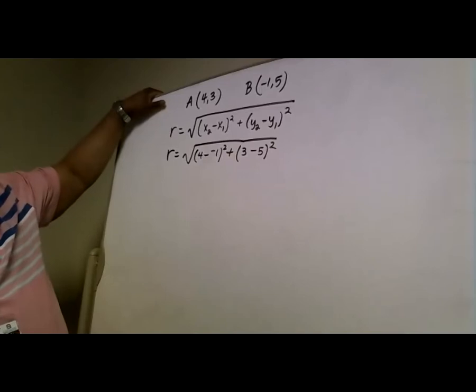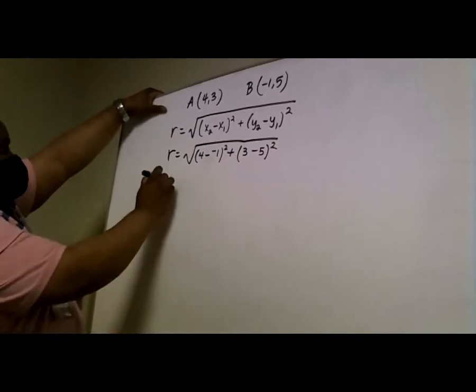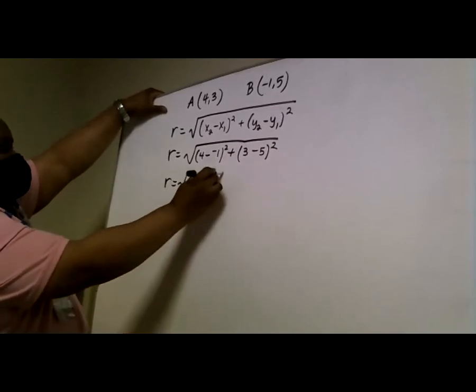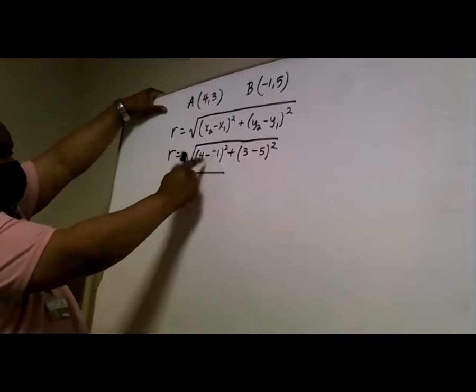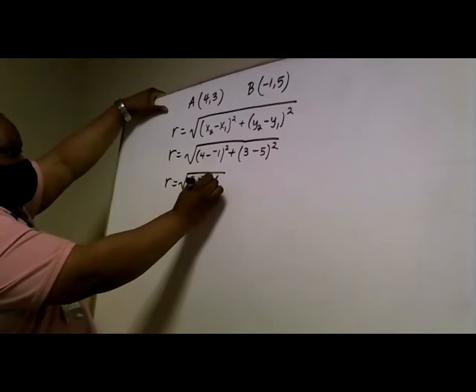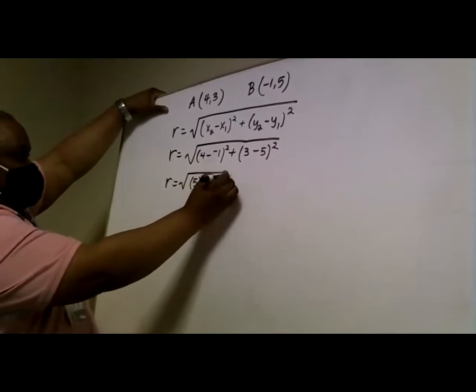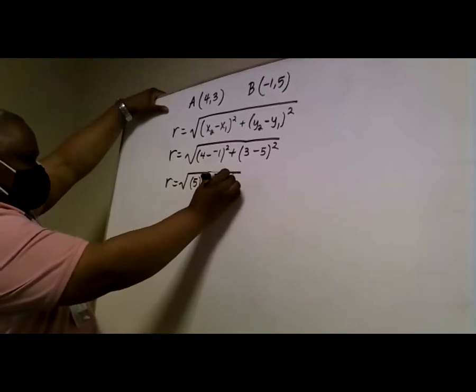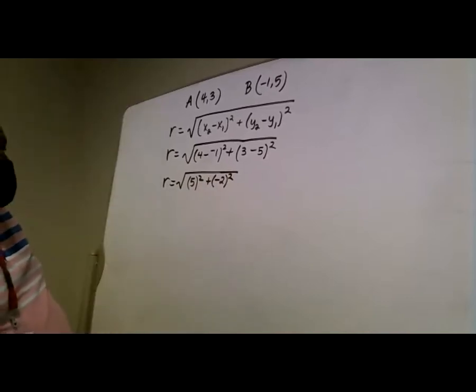All right, and then next, simplify. 4 minus a negative 1 would be 5, and that's squared. 3 minus 5, that's negative 2, and that's going to be squared.